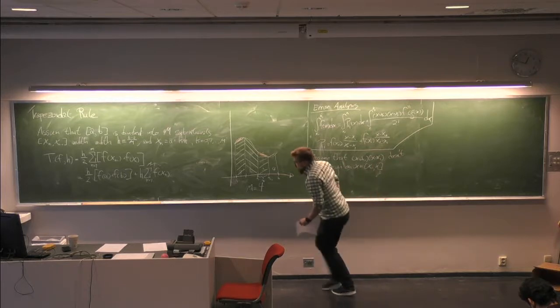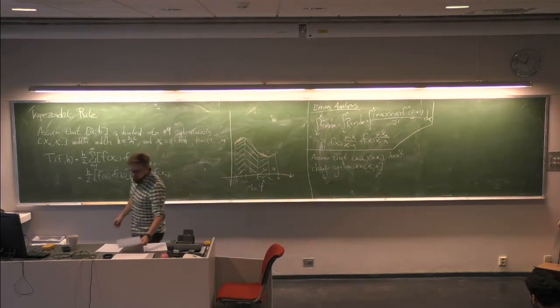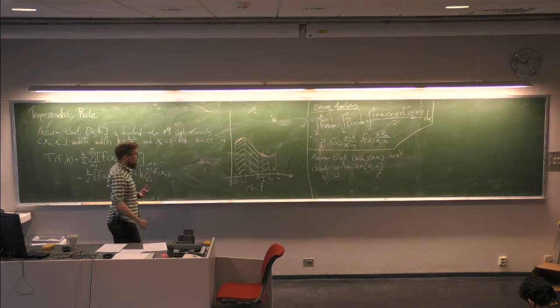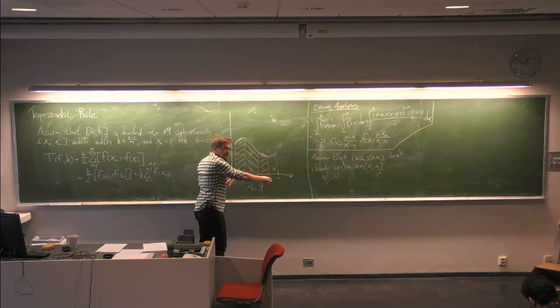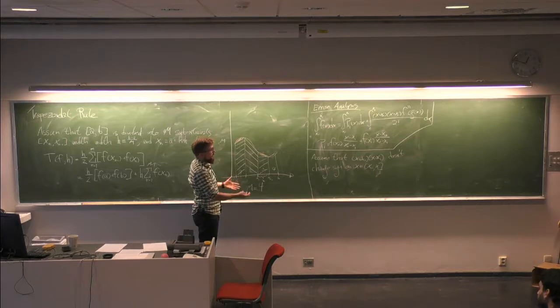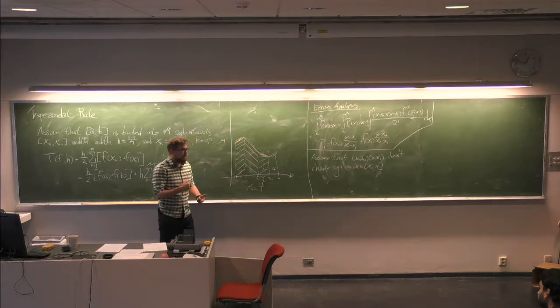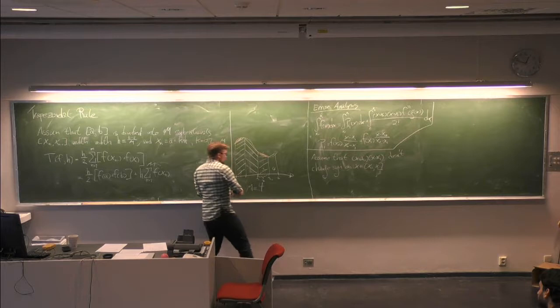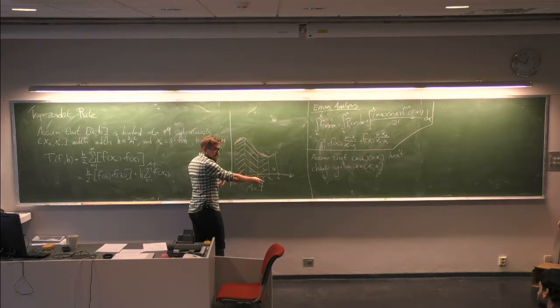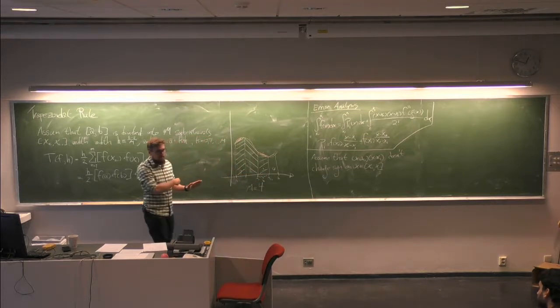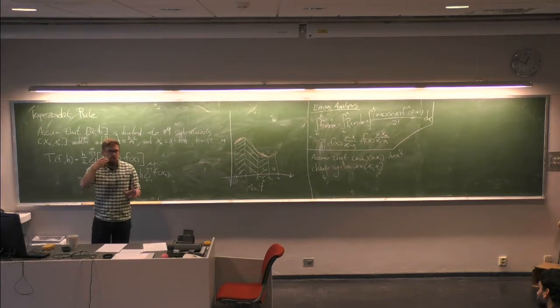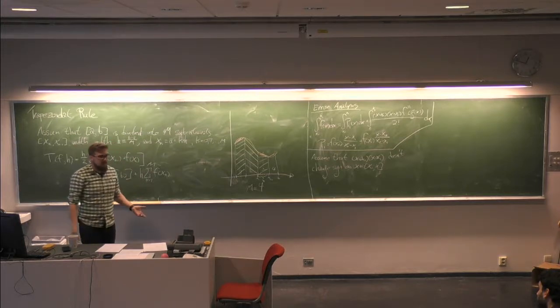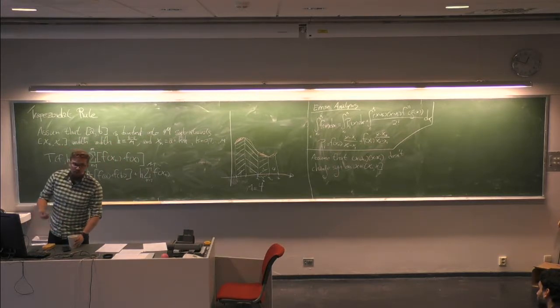Okay, so what does this mean? This means that both the points x0 and x1 are on the same side of the origin. So basically, if they're not, then we have to break down our problem such that we have some points to the right of our 0 and some points to the left. So that's why we can say that they don't change sign, because then we don't have to break up our problem.